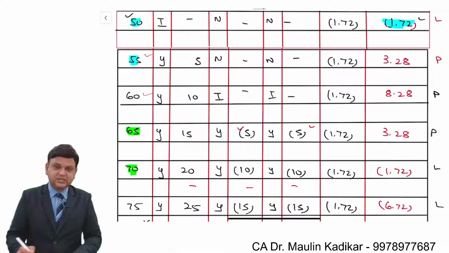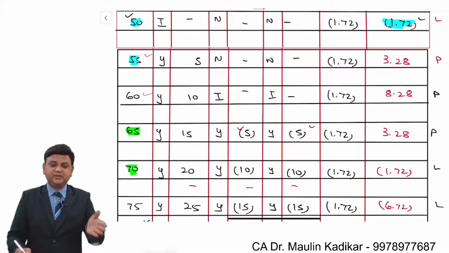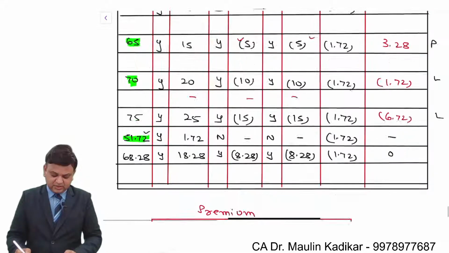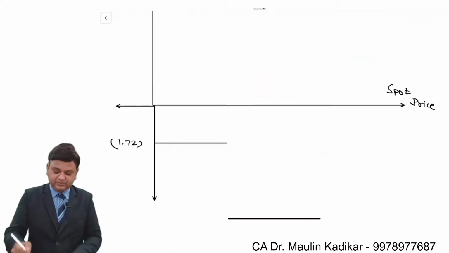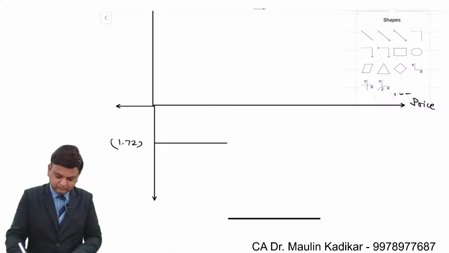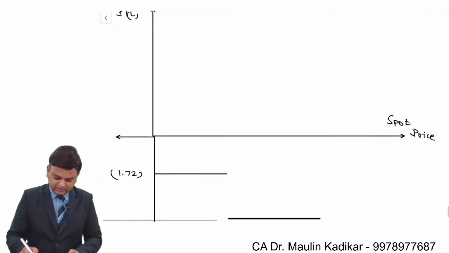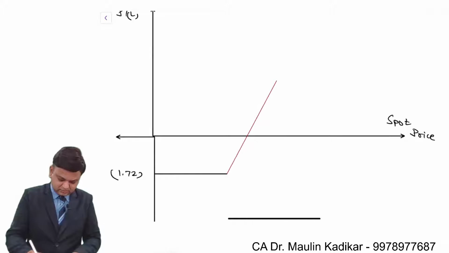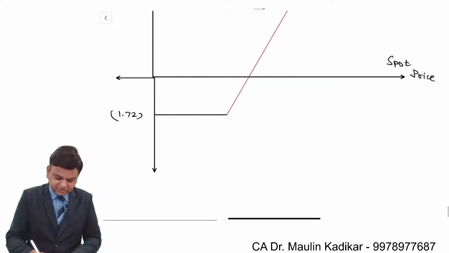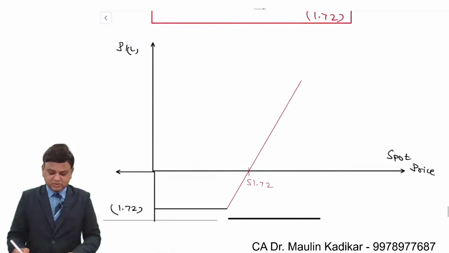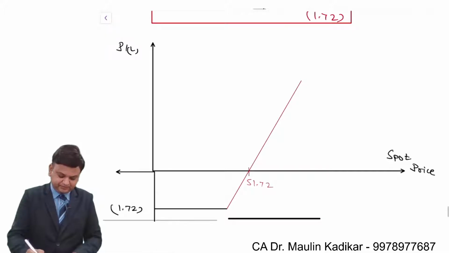Further at 60 there is again a profit. Like that, the profit increases beyond 51.72. So over here it goes like this. This is the spot price, 51.72, at which there is a situation of no profit, no loss.